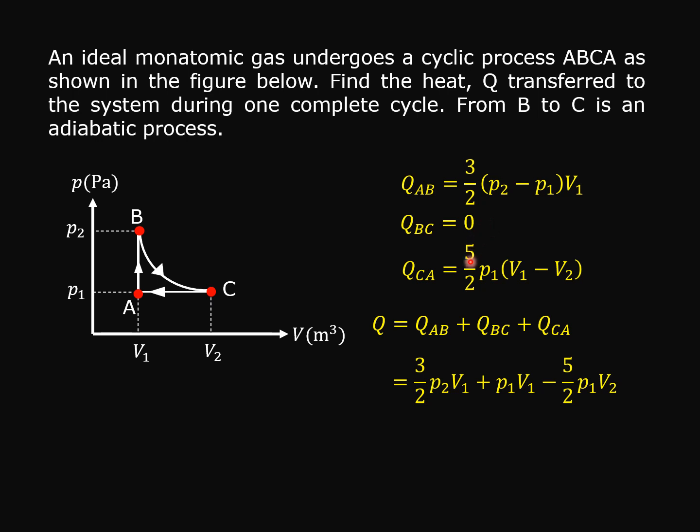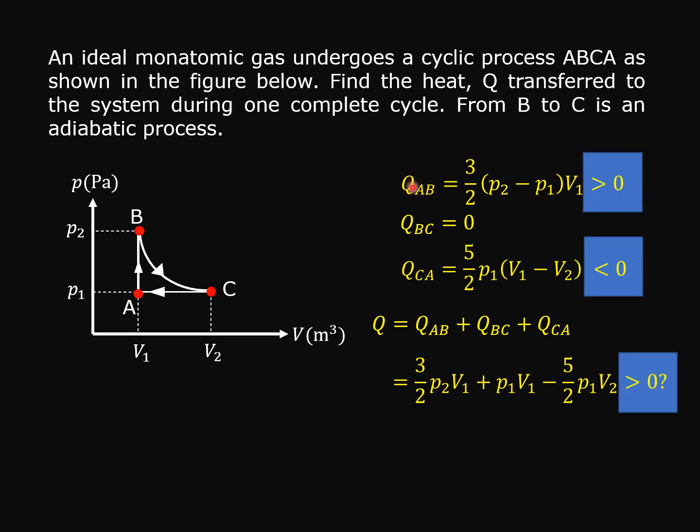And the third term comes from this 5/2 P1 V2, and it is negative in front. So this is the total heat transfer during one complete cycle, when the state of the gas changes from A, B, C, and then back to A.